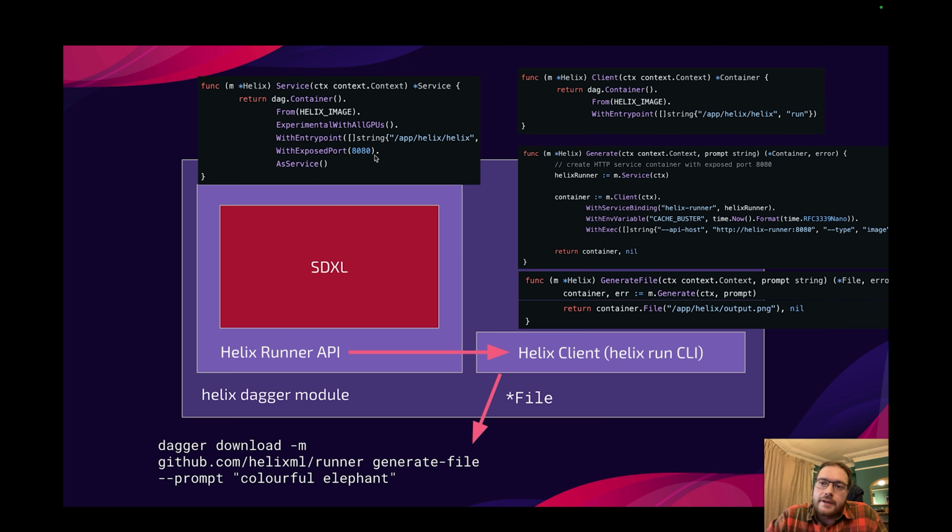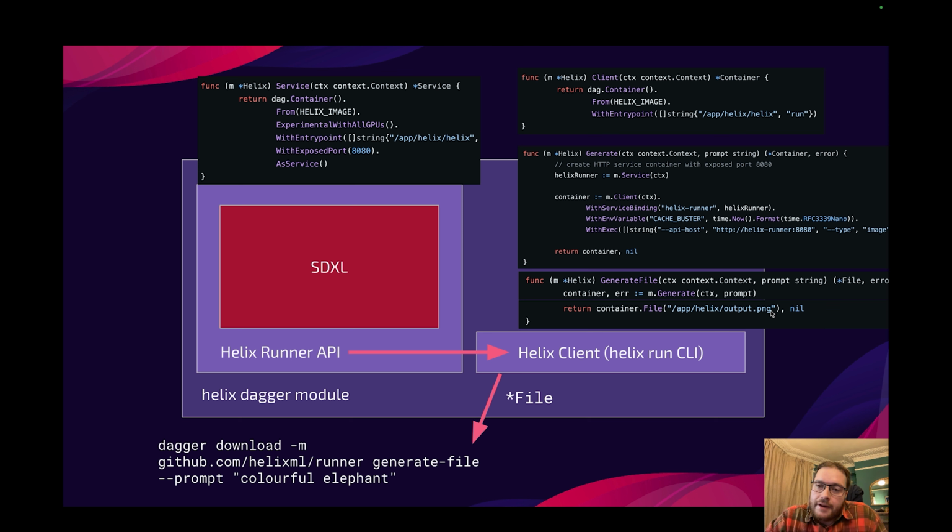Then the generate file method, which is the one this thing calls, says: give me a generate container, and then do some stuff which I trimmed out because it wasn't that important. And then return container.file of the path to the file inside the client container.